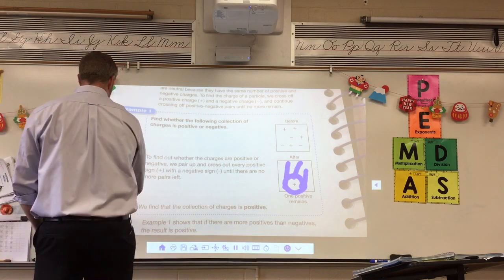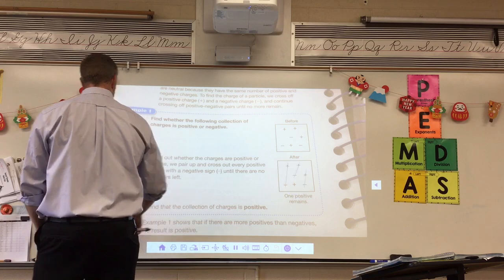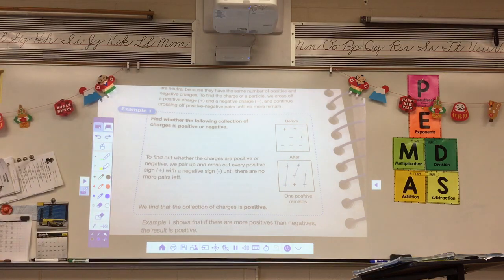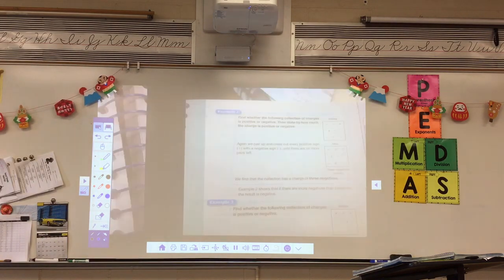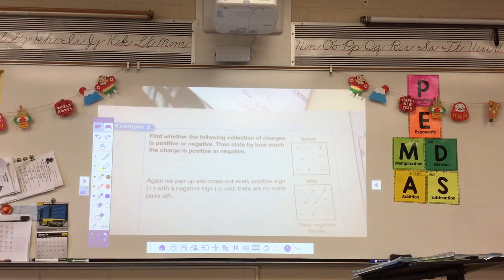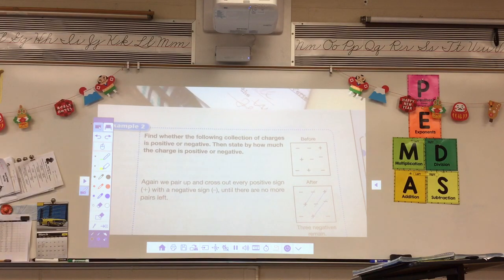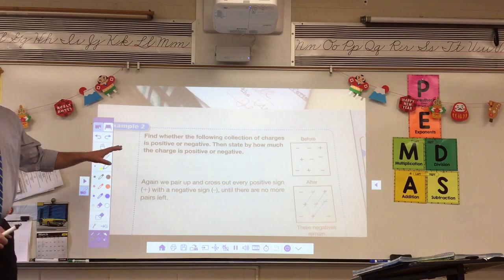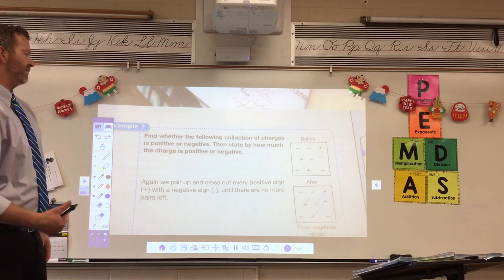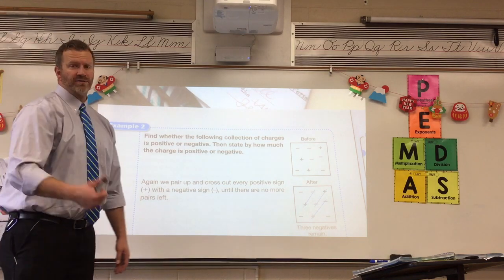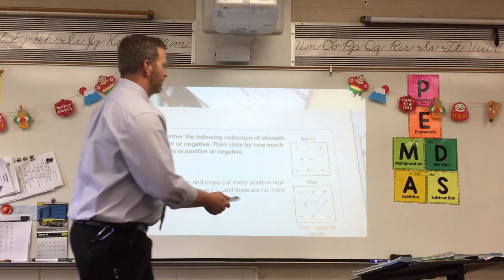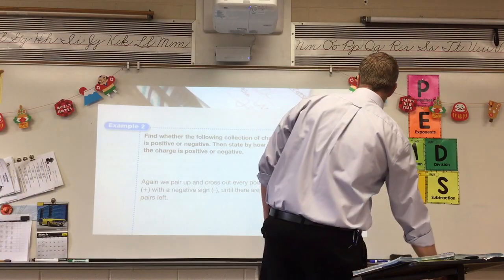All right, so let's get rid of this. Erase that, and we'll switch pictures. All right, so this one says find whether the following collection of charges is positive or negative. Then state by how much the charge is positive or negative. So we're going to come over here, we're going to cross some of these off.